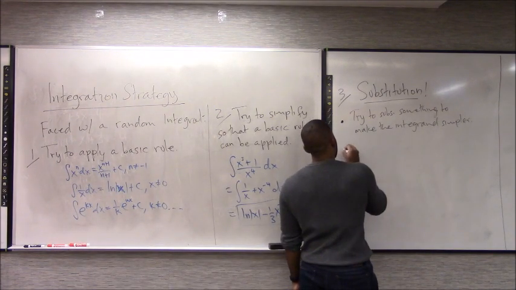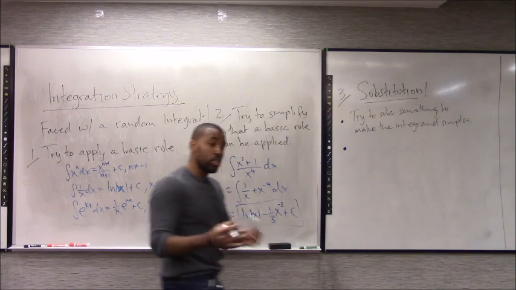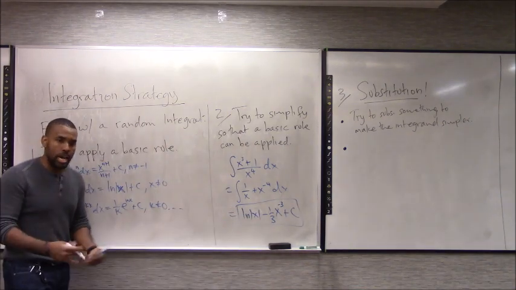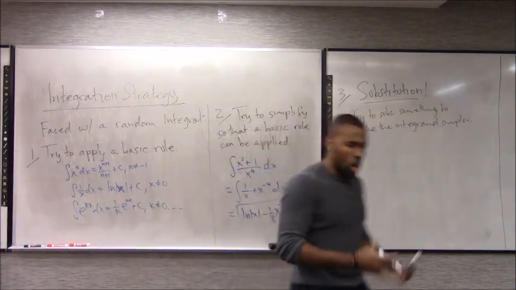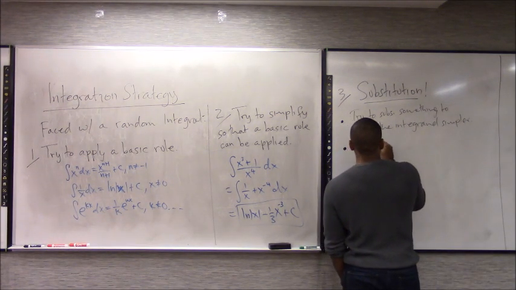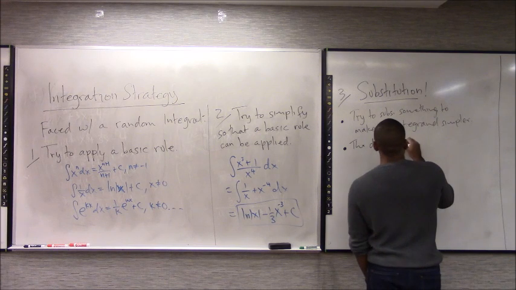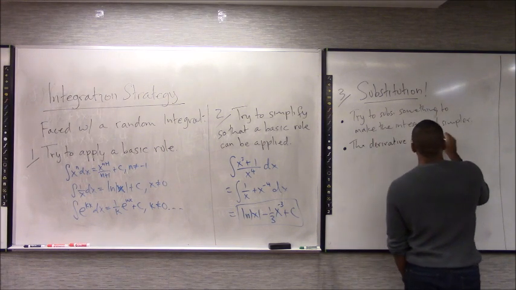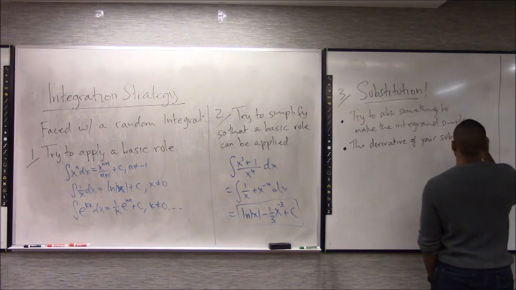Now, back in Calc 1, the conventional wisdom was, make sure you can see the derivative somewhere else in the function. Now we're a little older, we can hear the hard truths. The derivative of your substitution might not be visible.